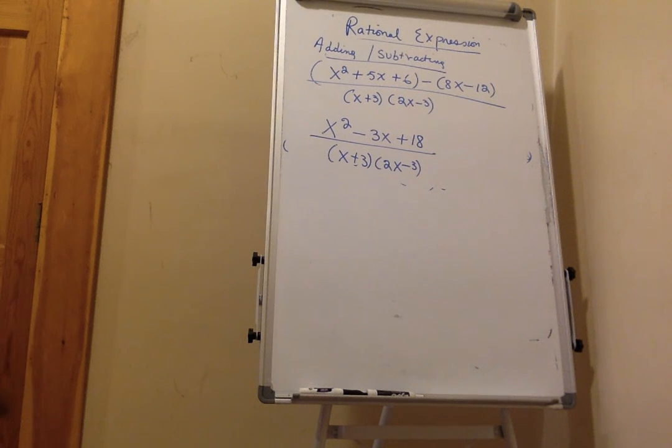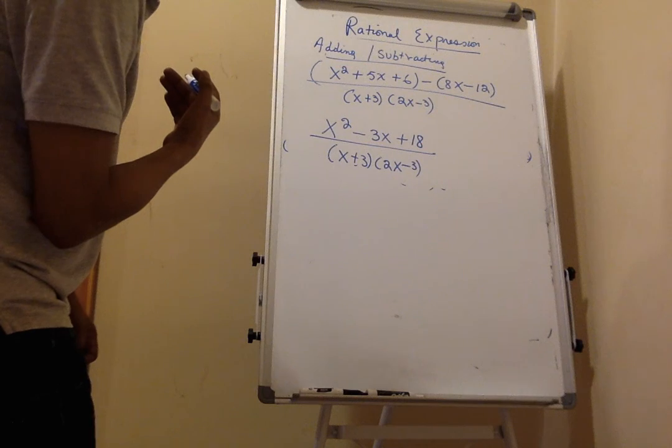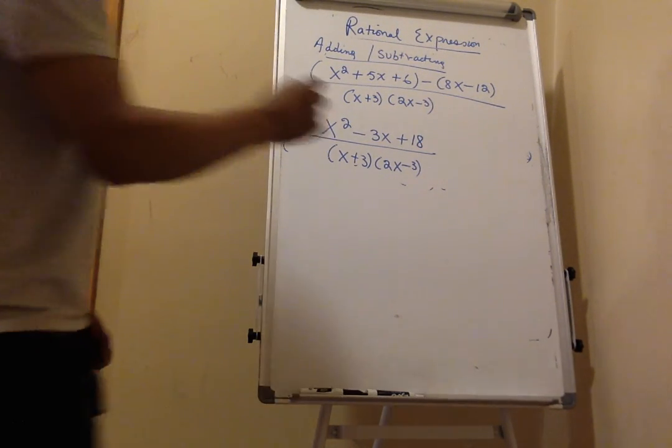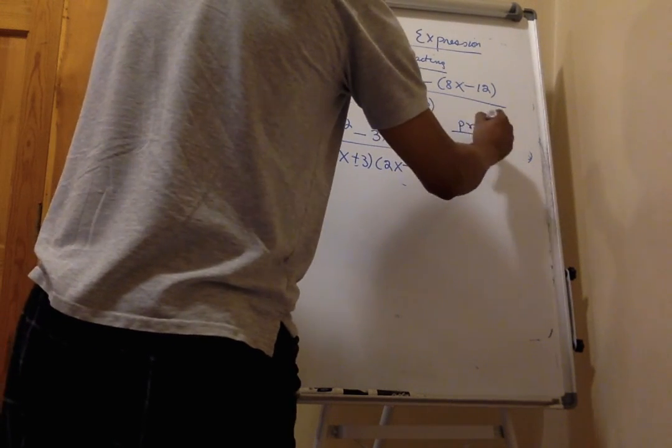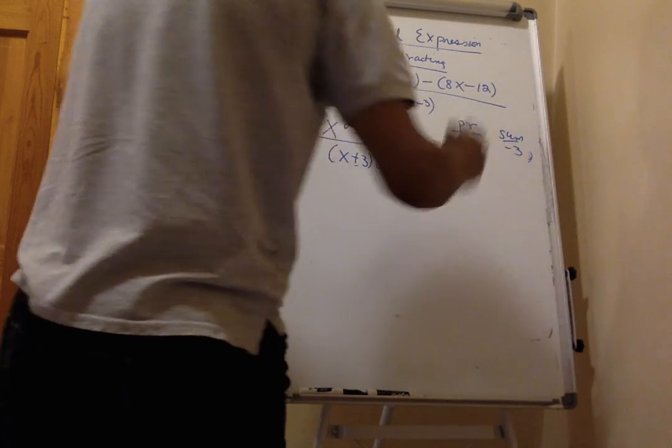Now we are going to use the product and the sum for the trinomial. Two numbers multiplied will give us positive 18, and added will give us negative 3. So, meaning what? If we go ahead and do this product, 18, sum is negative 3.